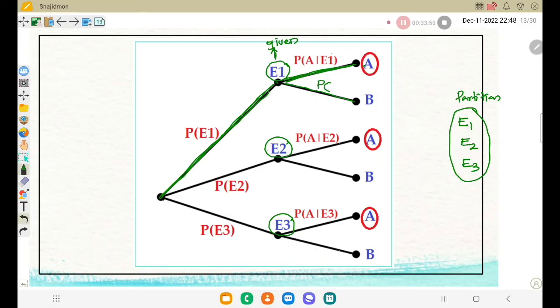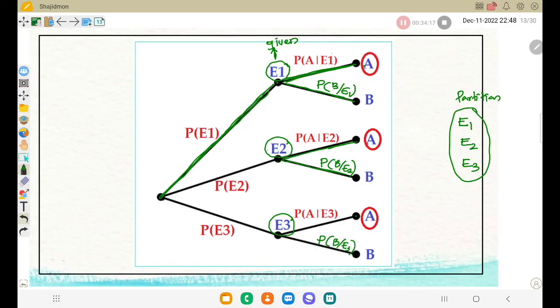This line, what is it representing? Probability of B given E1, correct? And this one represents probability of A given E2, correct? Second partition. What about this line? Probability of B given E2, normal conditional probabilities, correct? Now this one, probability of A given E3. What about this one? Probability of B given E3, correct?